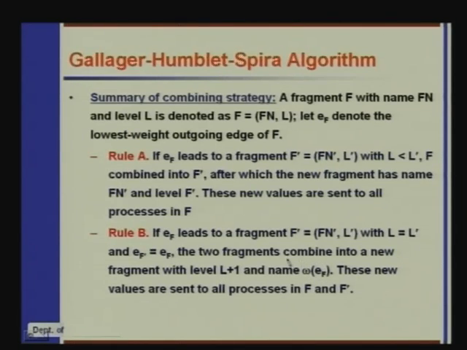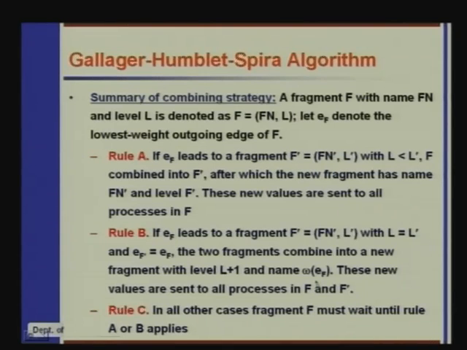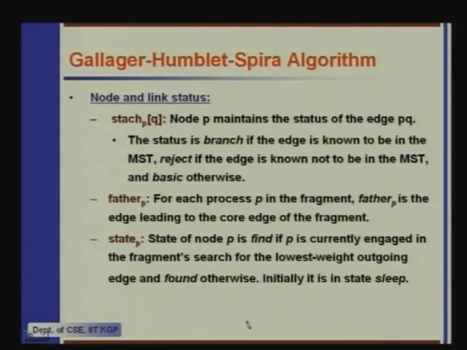The core edge in this case is the edge Ef, which joins the two fragments at level L. And then again the nodes in both f and f dash must reorient their parent pointers in such a way that they point to the core edge Ef. And whenever a fragment attempts to join with a fragment at a lower level, then the fragment of the higher level must wait until rule A or B applies. So, this was the summary of the strategy.